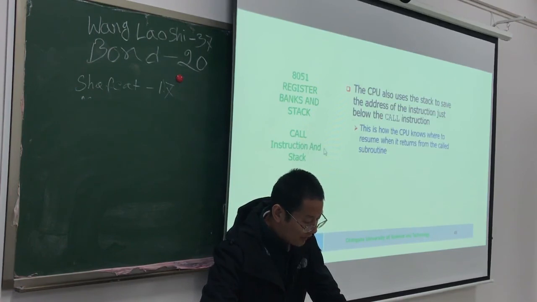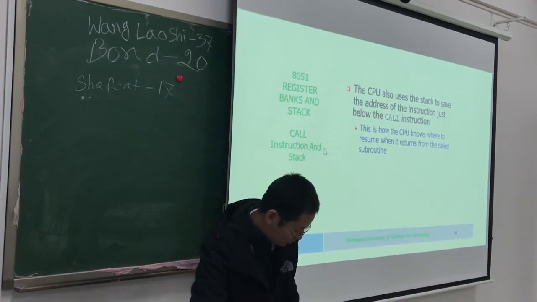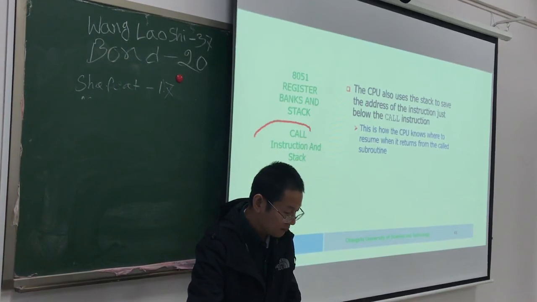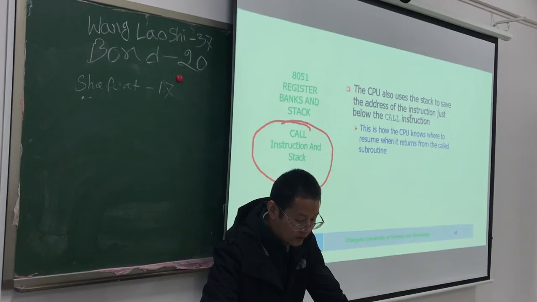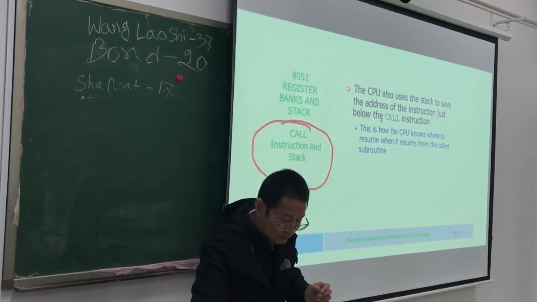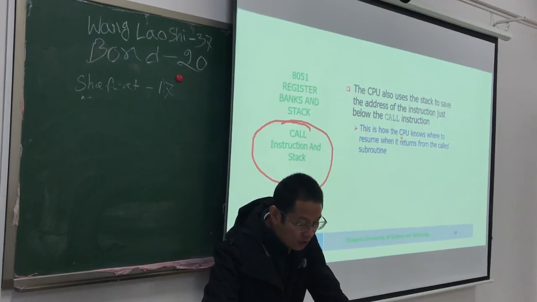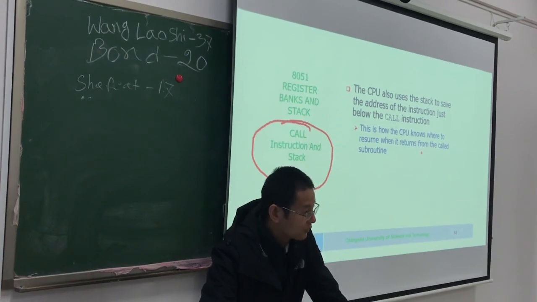Call instruction and the stack. A CPU also uses the stack to save the address of the instruction just below the call instruction. This is how the CPU knows where to resume when it returns from the called subroutine.